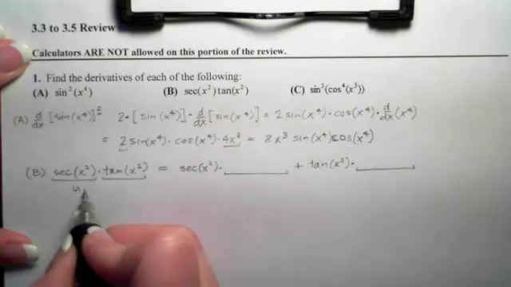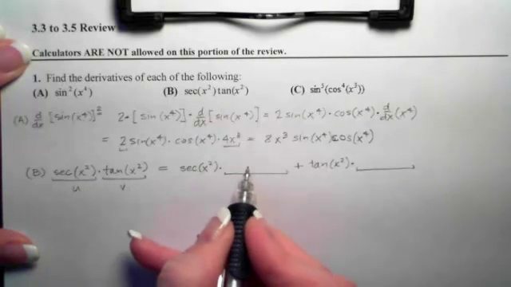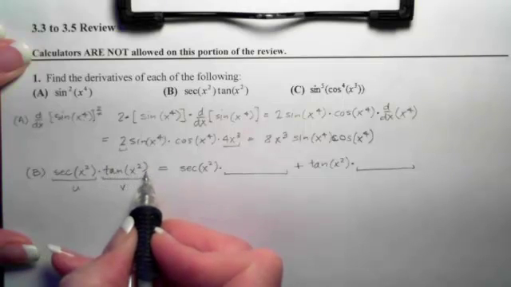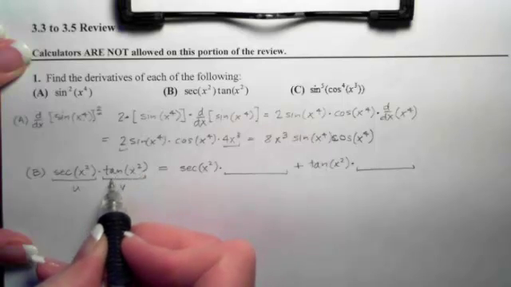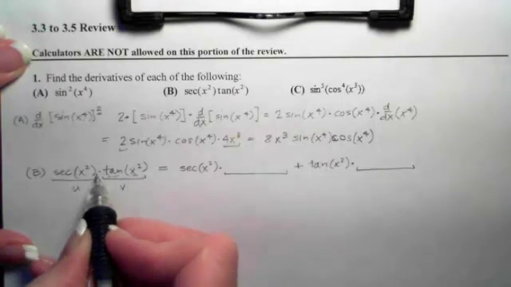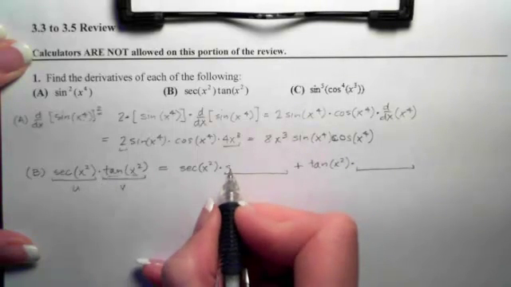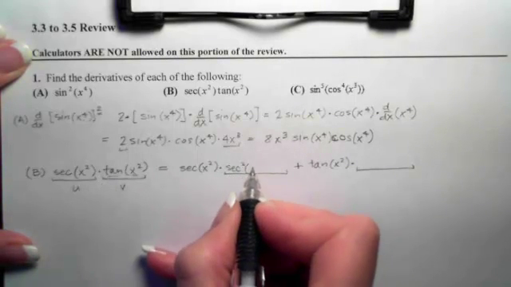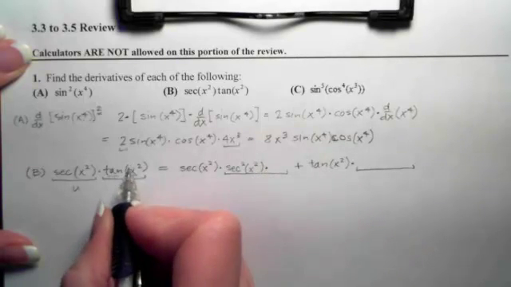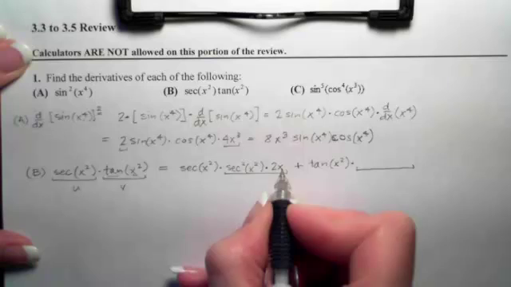So if I want my first times the derivative of the second, that means I will be taking the derivative of the tangent. And taking the derivative of this will involve the chain rule, because first I will hit the tangent, then I will hit the x squared. So derivatives of tangents are secant squareds of the inside unchanged. Then I need to multiply by the derivative of the inside.